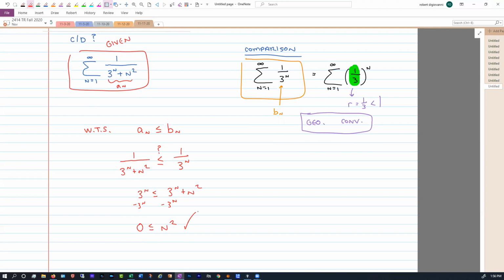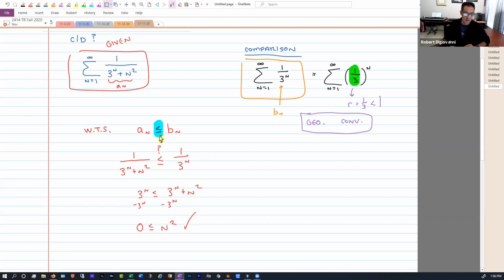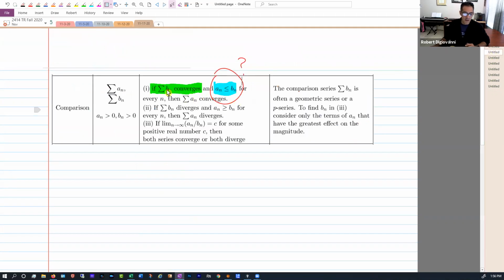We can basically use either the greater or the lesser than sign and find out whether it's true or false. You don't have a choice on that symbol. That choice is dictated by the actual steps. If the thing you're comparing it to converges, and this is what we came up with, we happen to choose a convergent series, that means this is the inequality we must show.